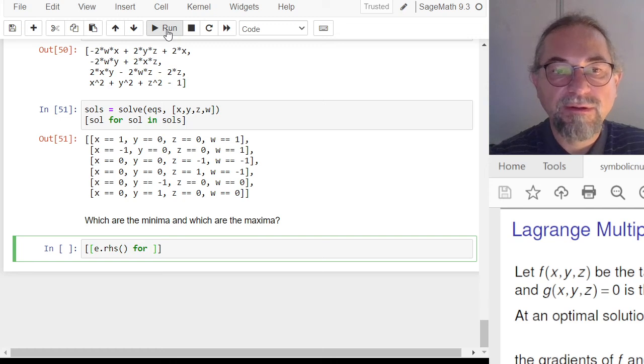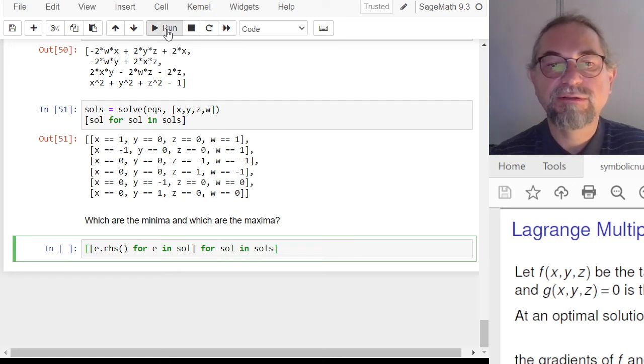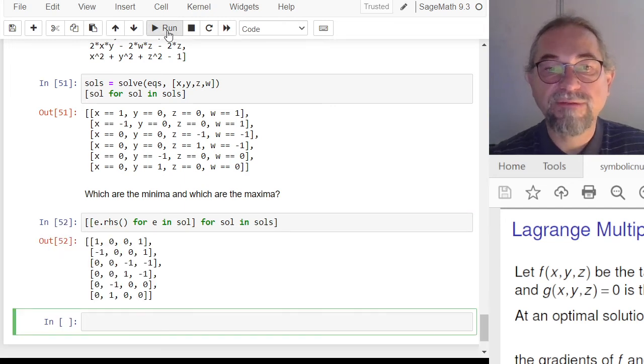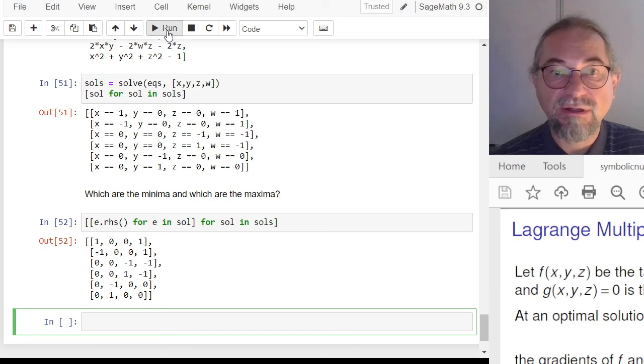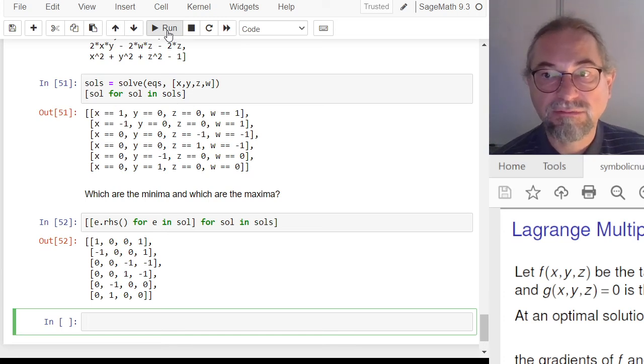So for every equation in the solution, for every solution in the list of solves. This gives me the coordinates, but the coordinates are still listed with this w. I'm actually not interested in this w, so I have to drop the w.